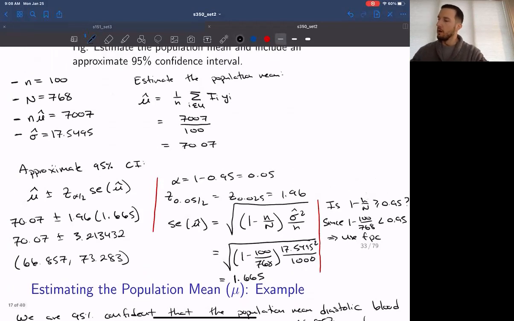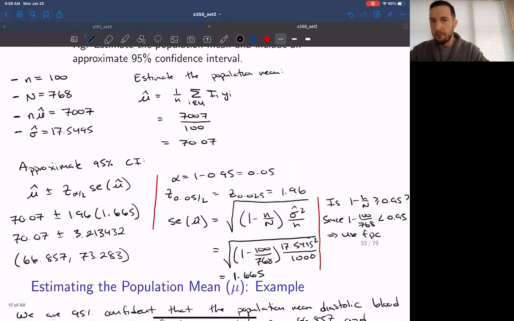Okay, so the big difference between our confidence interval construction procedure in the simple random sampling case versus what we would have seen beforehand is that we are now accounting for the fact that we are working with populations of finite size.